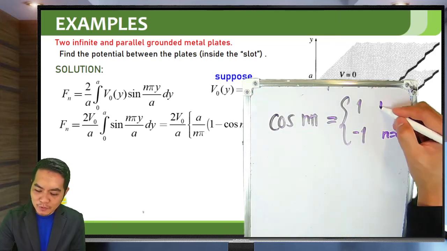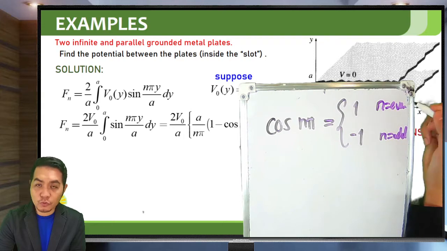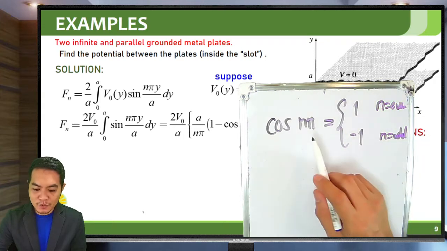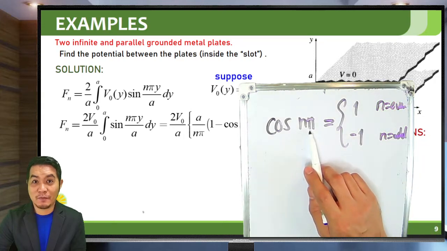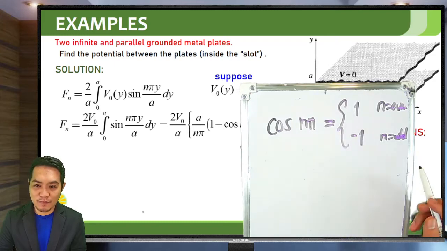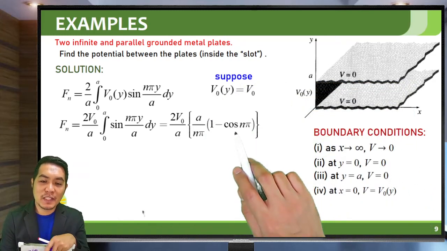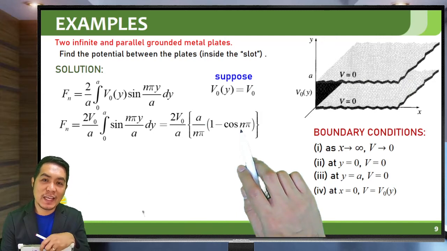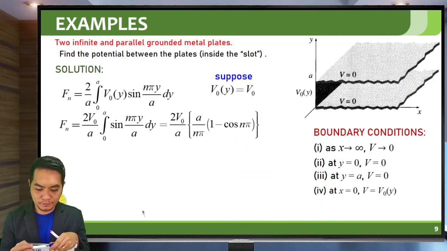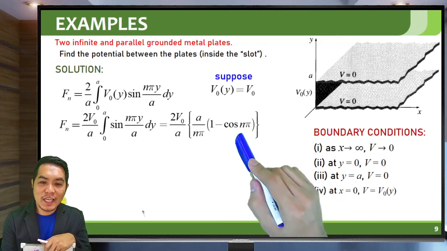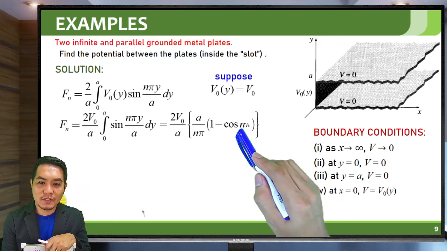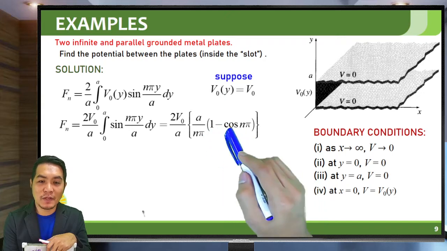When n is even, so 2, 4, 6, 8, cosine of 2 pi is positive 1, and cosine of 4 pi is positive 1. So the value of this term could be positive 1 or negative 1 depending on whether n is even or odd. When n is even, cosine n pi is positive 1, and then you have 1 minus 1 is 0.